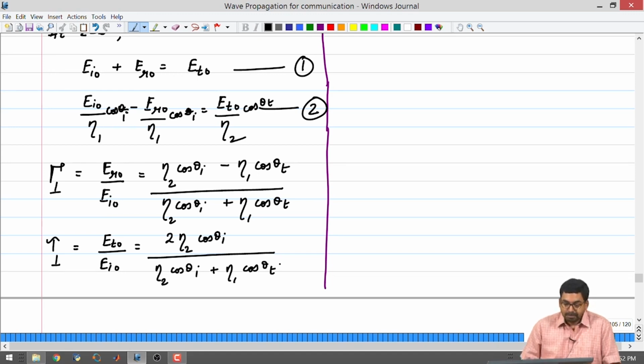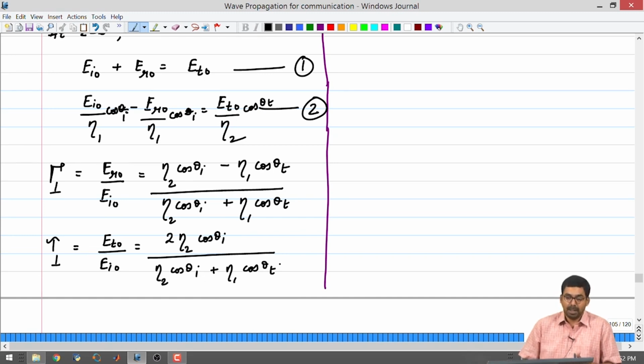So, given a problem like this, you should be able to estimate gamma and tau. For example, if an incident wave electric field is given, you should be able to figure out what the reflected electric field and the transmitted electric field are going to be like.